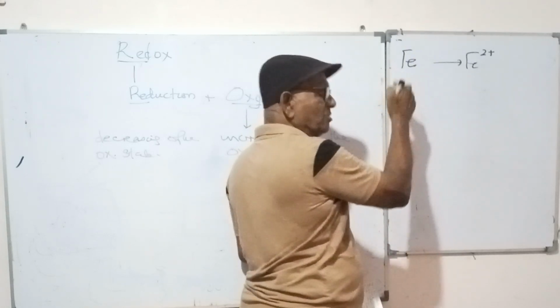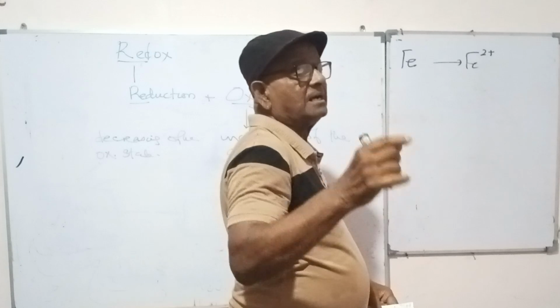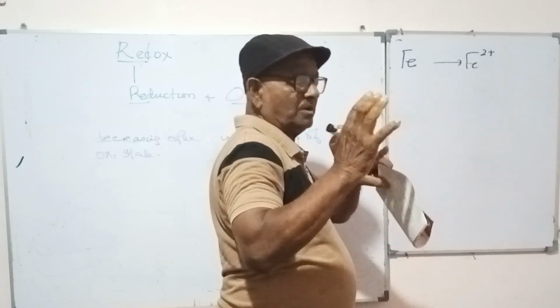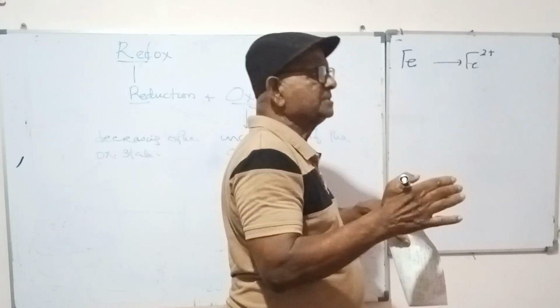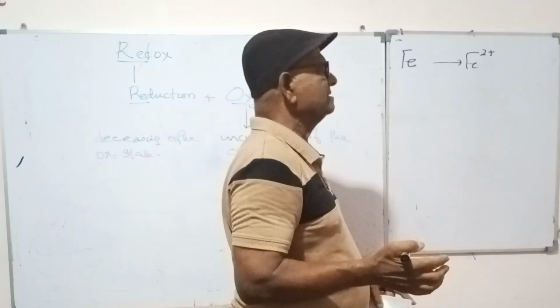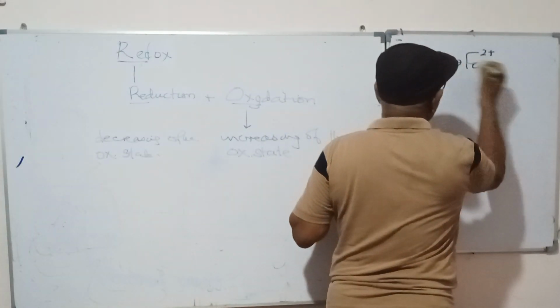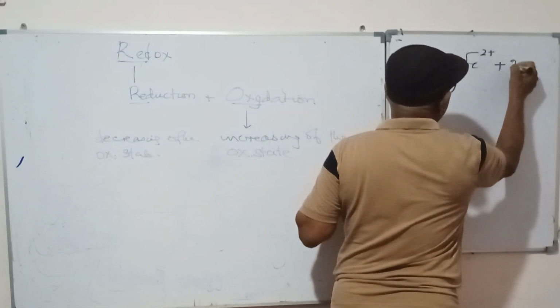Now it has the majority, 26 protons, and 24 electrons. So it shows the 2 plus charge. To balance it, we must add 2 electrons here.